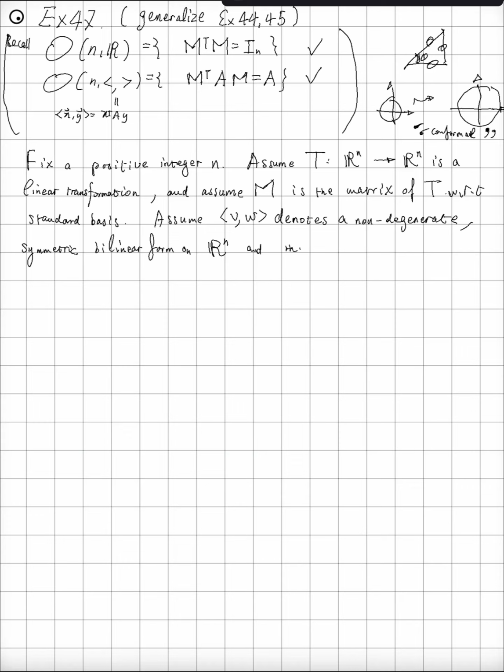We could, similarly to what we did in exercise 45, use a matrix C to express this bilinear map.